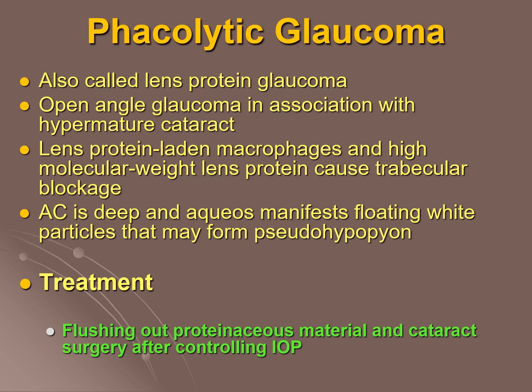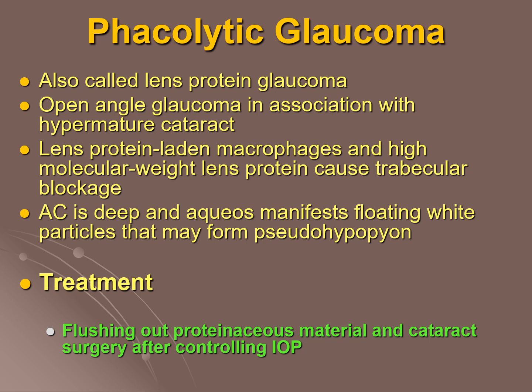So what is phacolytic glaucoma? It is also called lens protein glaucoma. It is an open angle type of glaucoma in association with hypermature cataract, so that lens protein is leaked out and engulfed by macrophages. This high molecular weight lens protein and macrophages laden with proteins cause trabecular blockage. The anterior chamber is deep and the aqueous manifests floating white particles that may form a pseudohypopyon when these particles settle down into the anterior chamber.